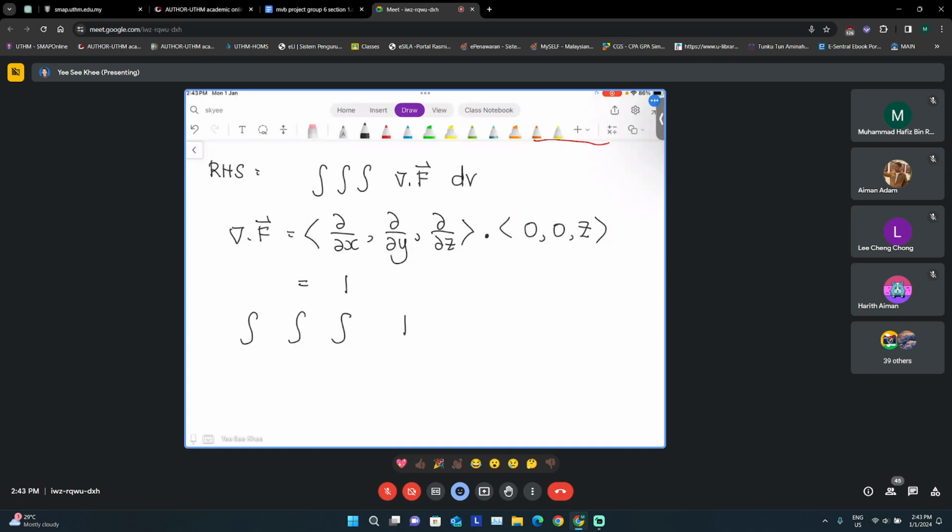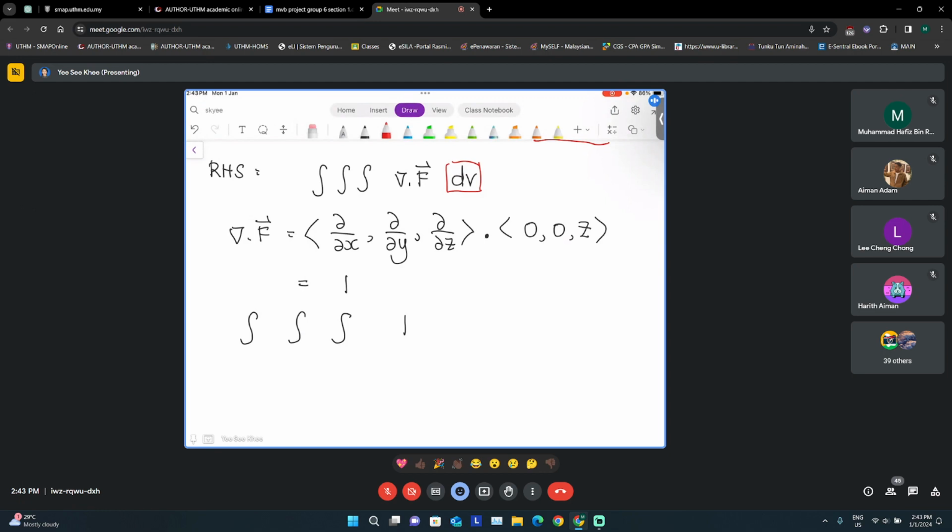Next you have to decide what should be your dV. So you look at your surface again. It is a sphere. The volume of a sphere will be easier calculated if you use the spherical coordinate system.